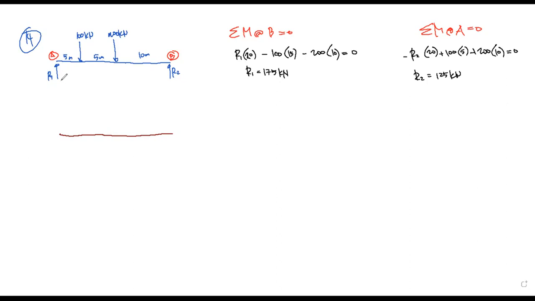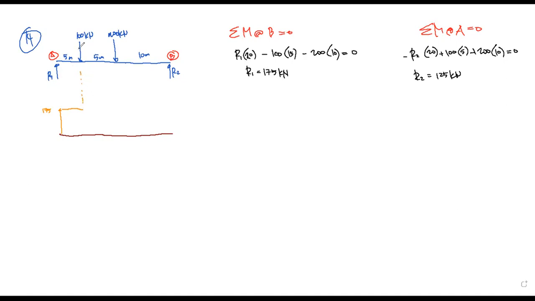So first is R1. So R1 is given to be 175 kilonewton. So with respect to this reference line, you go upward. So this is 175 kilonewton. So no forces in between, so you go straight up to the next force.